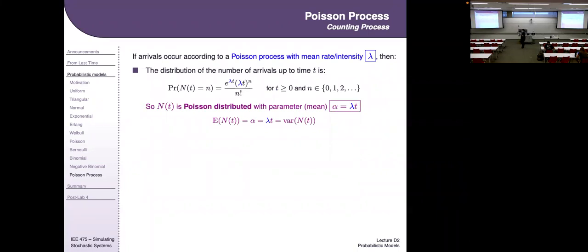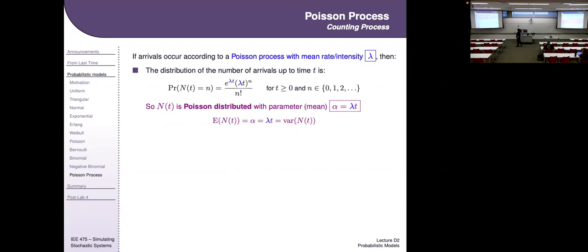So these are equivalent definitions that can be derived from those properties just stated: the random variable inside the Poisson process is itself a Poisson random variable. And that Poisson random variable is going to have a parameter, which will be lambda, which goes with the process, times t of the random variable. So in other words, each N(t) in a Poisson process represents the count of arrivals that have occurred since time 0.